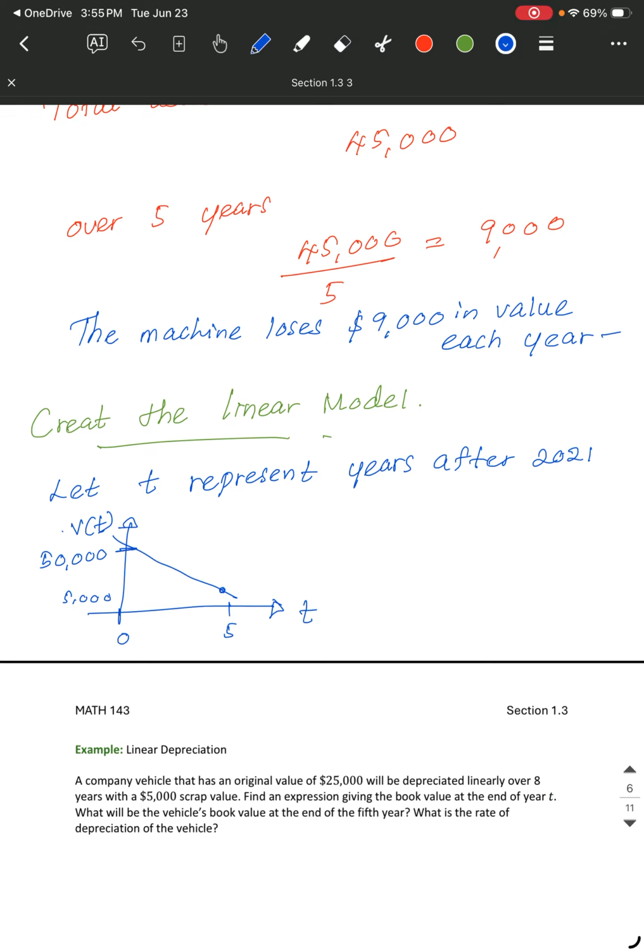Then we want to find the slope. This slope is the rate of depreciation, negative 9,000.